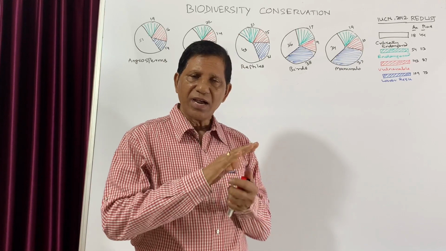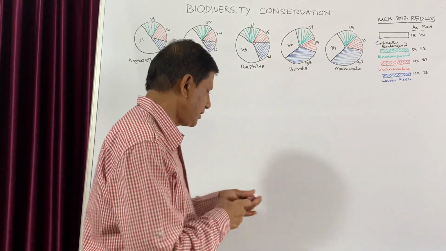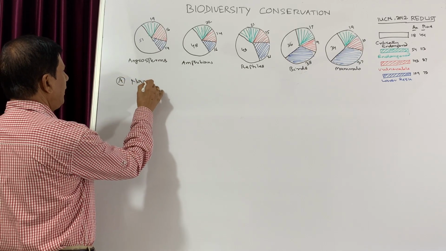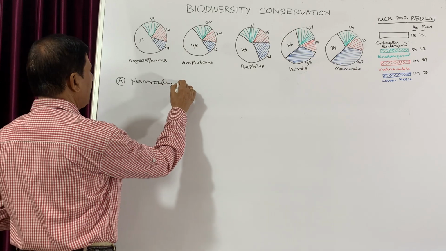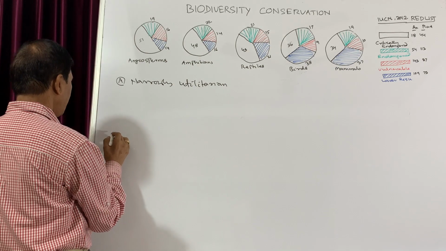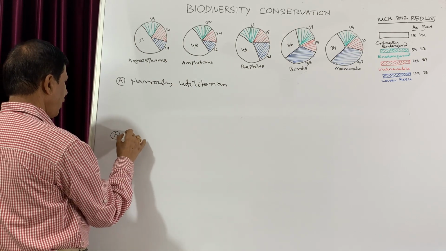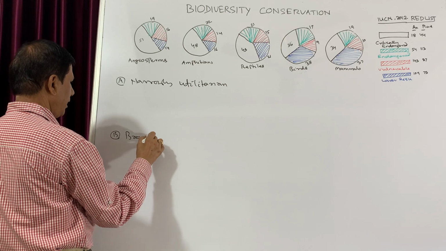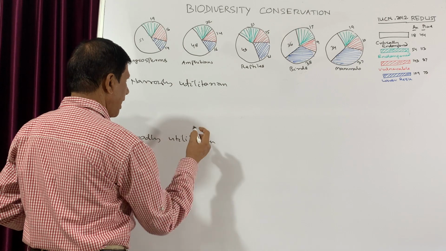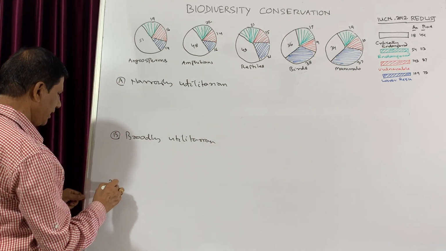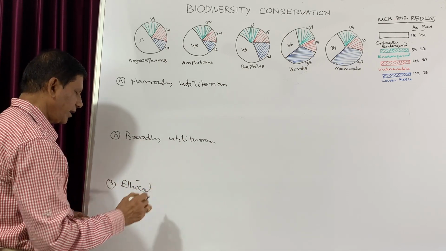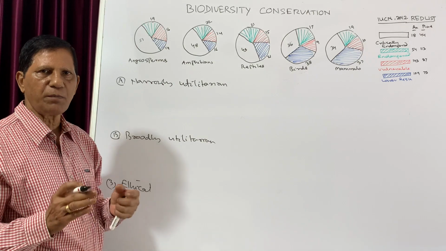One is narrowly utilitarian, the other is broadly utilitarian, and the third one is ethical. These are the 3 main causes why we should conserve biodiversity.